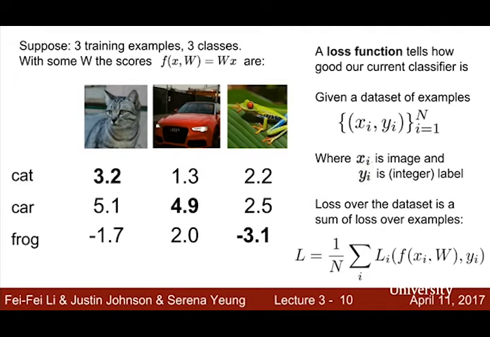So to formalize this a little bit, usually when we talk about a loss function, we imagine that we have some training data set of x's and y's, usually n examples of these, where the x's are the inputs to the algorithm. In the image classification case, the x's would be the actual pixel values of your images. And the y's are the things you want your algorithm to predict.